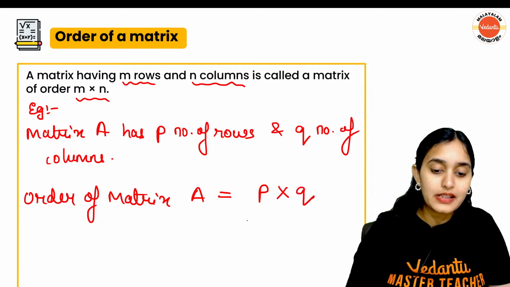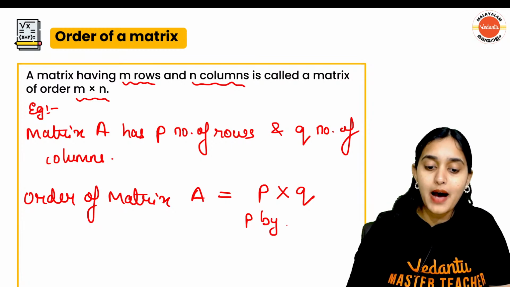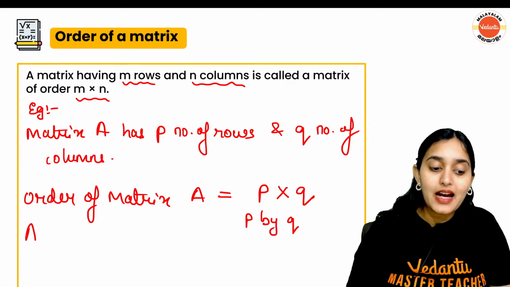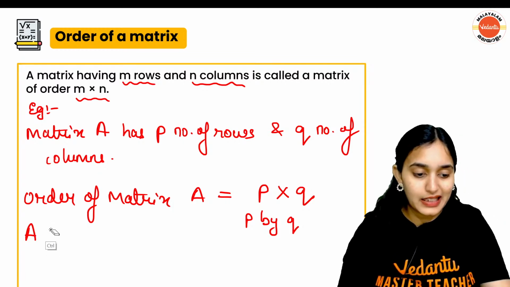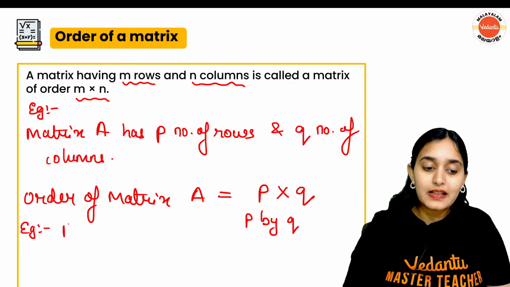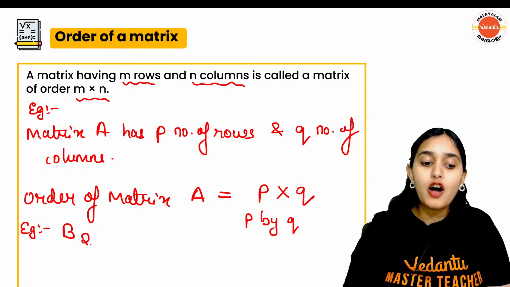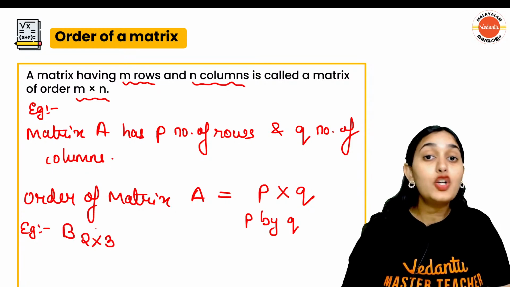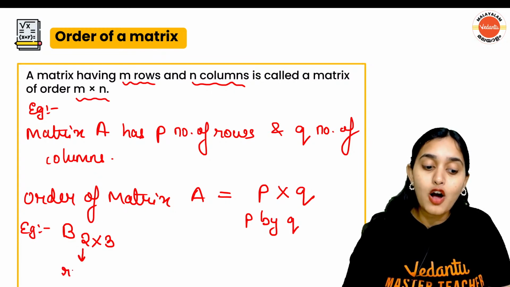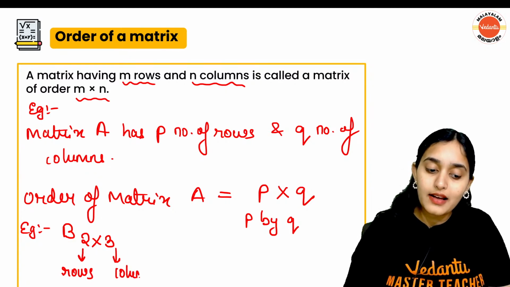How do we pronounce it? P by Q. Okay. Suppose I say that my matrix B is of order 2 cross 3. What do you understand by 2 cross 3? 2 is the number of rows and 3 is the number of columns.